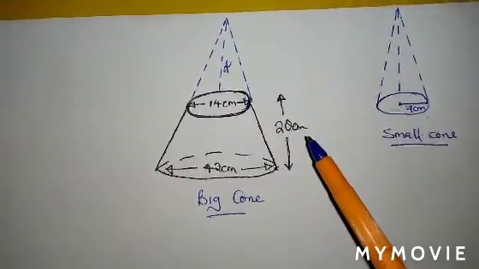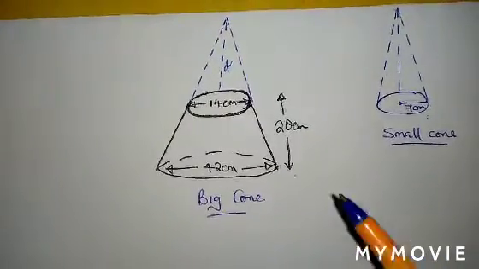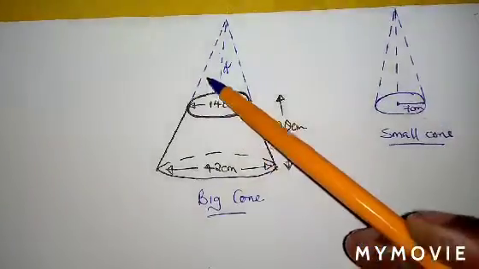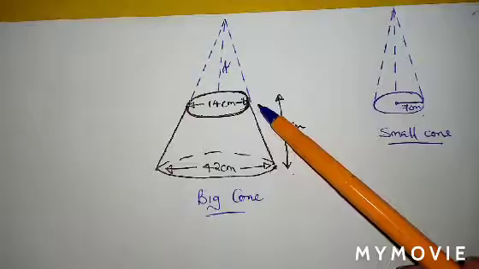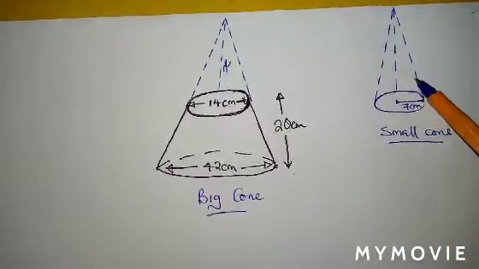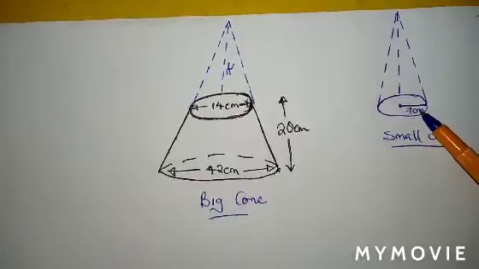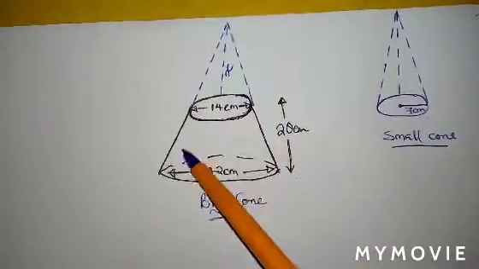Remember, the first thing we have to do to calculate the volume of a frustum is to calculate the full height of the cone. So what I've drawn here is an imaginary part of the cone that was cut out, so that we have the frustum in black here.